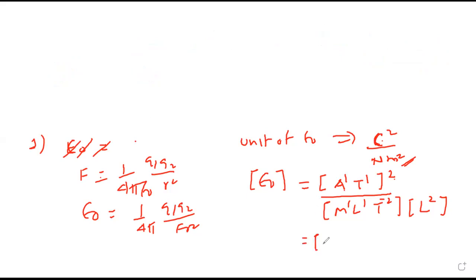So finally it will become M to the power minus 1, L2 divided by L1 is L3 becomes minus 3, and T2 with minus 2 going up becomes T4, and A2. Check where it is given: M minus 1, L minus 3, T4 and A2.